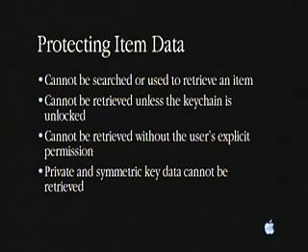Now, the data portion of the item is protected, as I said. Unlike attributes, you can't search on the data of the item, so it can't be revealed to you in that way. The data cannot ever be retrieved unless the keychain is unlocked, and it can't be retrieved unless the user gives explicit permission. I'll get into that a little bit later, but in OS 10 and with CDSA 2.0, we're able to let the user or the administrator configure the access control on a keychain item and have that be persistent.